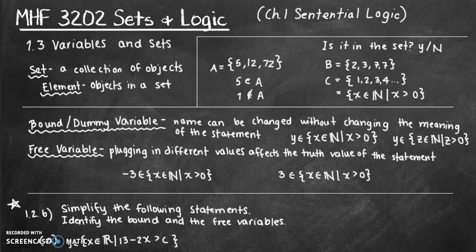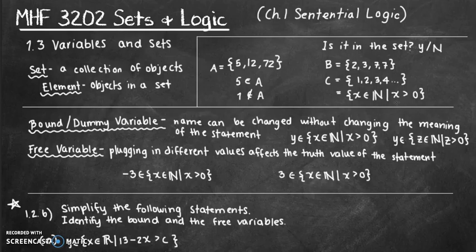So this set C, 1, 2, 3, 4, etc., can be written in a better way below. We can make a set using x's from the set of natural numbers, but we only want the ones that are greater than 0. When you're trying to figure out if an element is in a set or not, you use the elementhood test. So for example, first of all, is that x from the natural numbers? Second of all, is that x greater than 0?